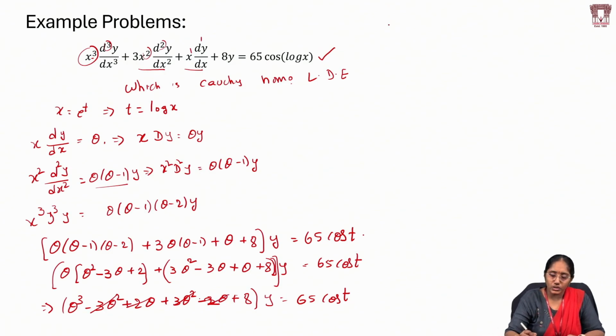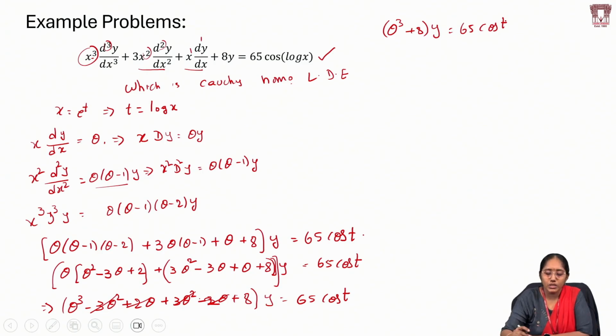You will get theta cube plus 8, whole into y is equal to 65 cos t. Now if you observe, all substitutions are completed, and after simplifying we get theta cube plus 8 y equal to 65 cos t, which is a linear differential equation with constant coefficients.